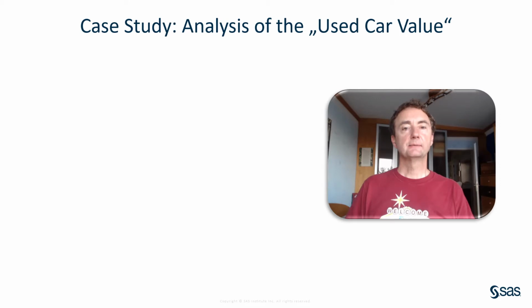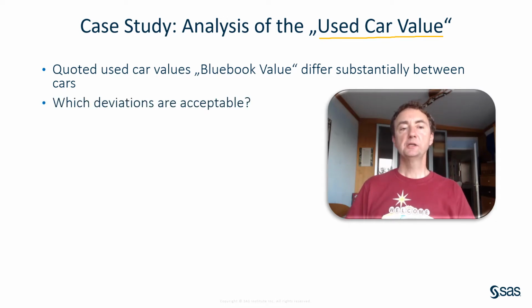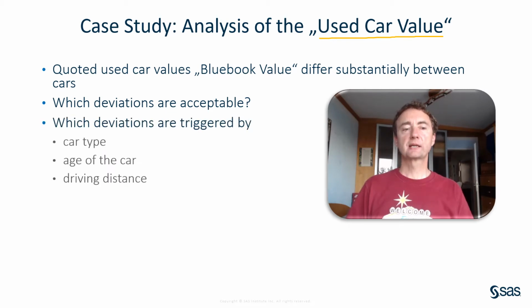The case study that we are looking at is based on example data and an example case on used car values. So the question is, are the quoted used car values, or the blue book values, fair, and why do they differ substantially between cars? Which deviations are acceptable and which deviations are just triggered by car type, different age of the car, and different driving distance?